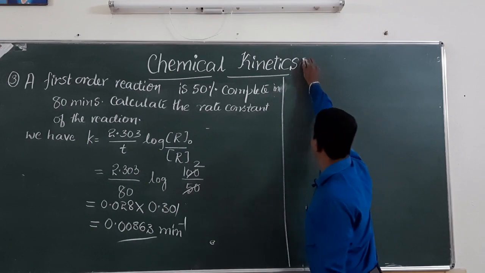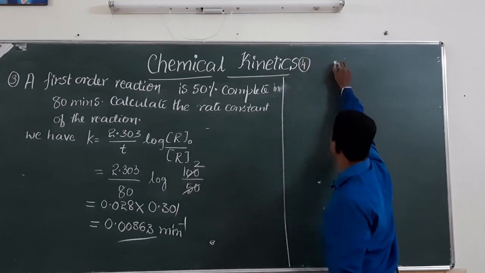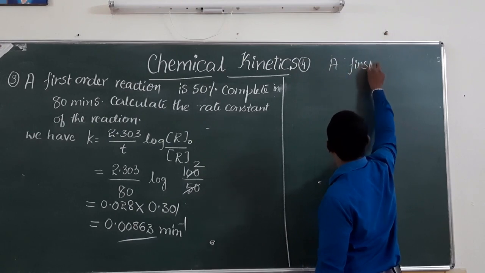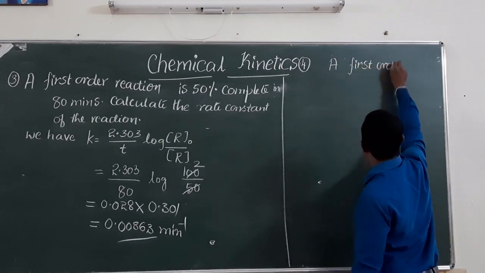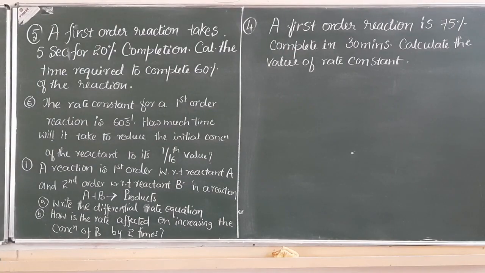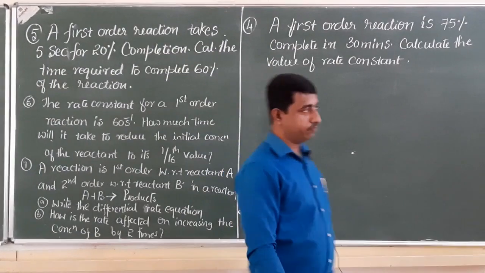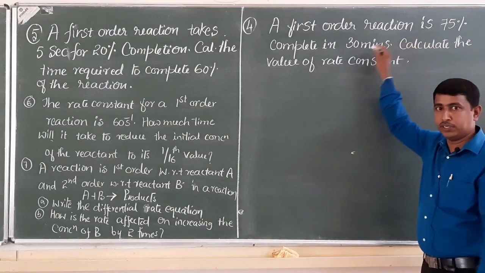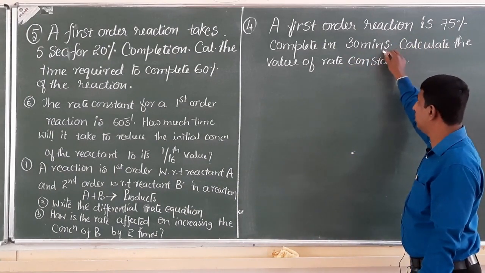Next, fourth one. Question number 4. A first order reaction is 75% complete in 30 minutes.